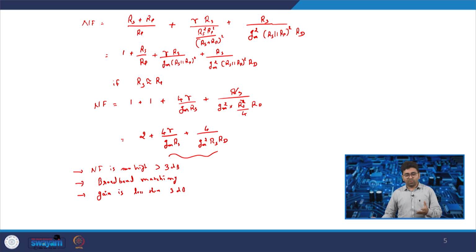So, there is one more advanced circuit that we can try to look at, that is, if we do the resistive feedback from drain to gate, that is also a widely used circuit.